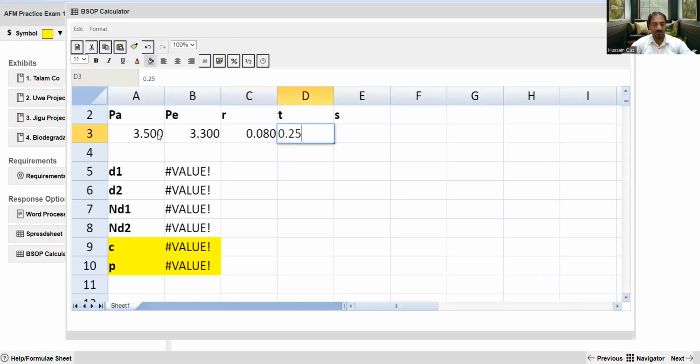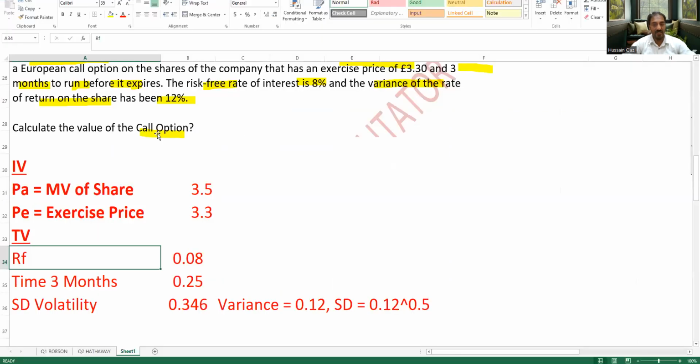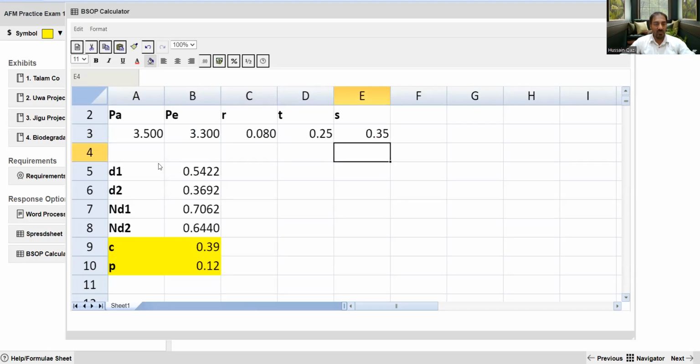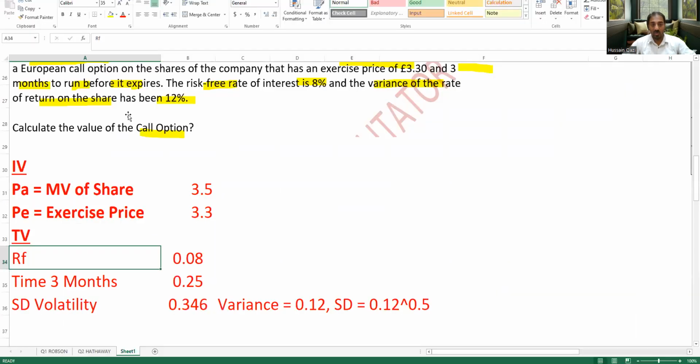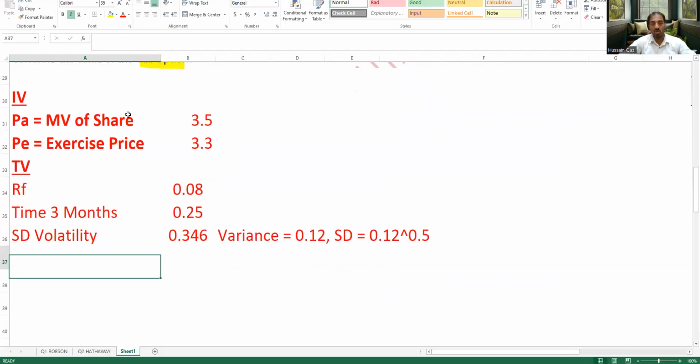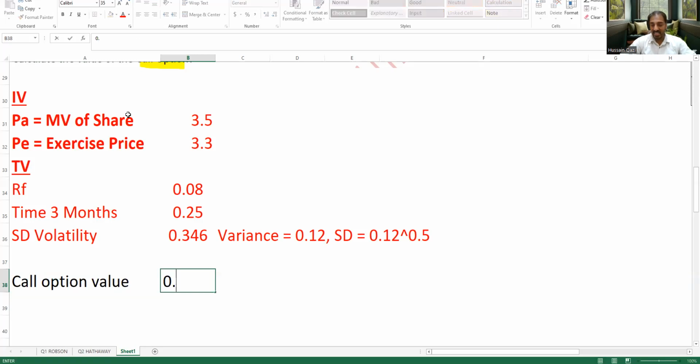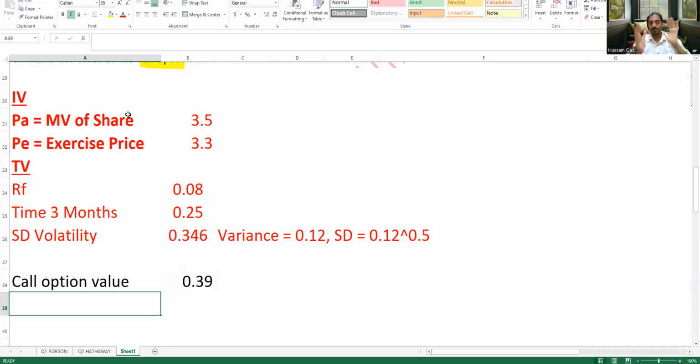Time 0.25. Standard deviation 0.346. Then you will automatically identify the answer. That is 0.39. So that's it. We don't need to work it out. No, you don't need to work it out. Call option value is 0.39. That's all for calculation purposes.